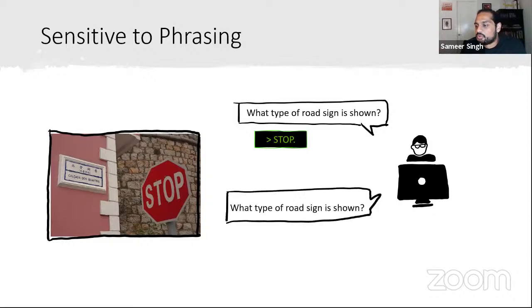But what if you rephrase the question and ask essentially the same question, but putting a which instead of a what? Turns out that many models, at least the model we tried at the time, which was state of the art, changes the answer. It says, do not enter. So now the user somehow has to know how to phrase the question to get the right answer, and that's a bit of a problem.